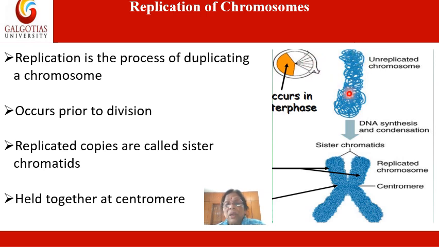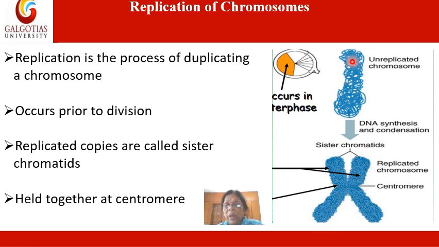So we can see here, this is showing the unreplicated chromosome, and during S phase, the DNA synthesis takes place and condensation takes place, and we get two identical sister chromatids.